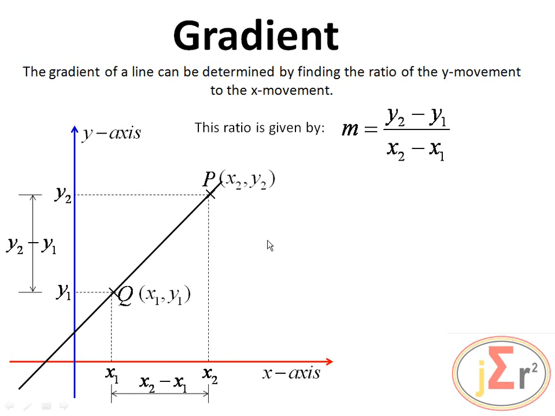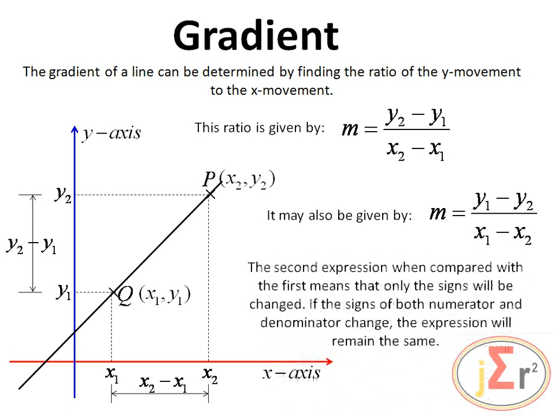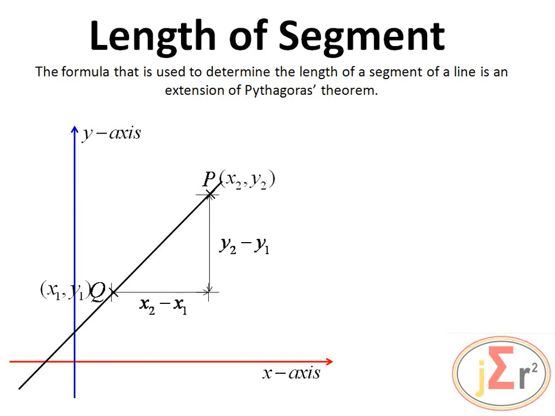So the ratio of the y movement to the x movement tells us the gradient. It may also be given by y1 minus y2 over x1 minus x2. The second expression, when compared with the first, means that only signs will be changed. If the signs of both numerator and denominator change, the expression will remain the same.